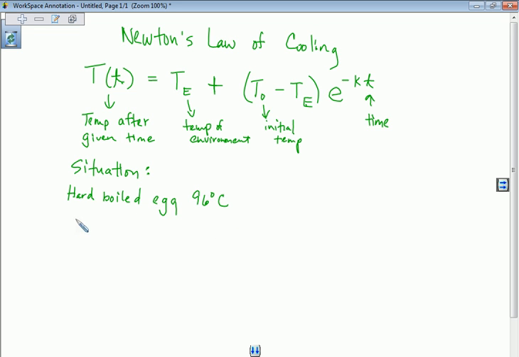Okay, and then we're going to place that into water to cool. And the water is 16 degrees Celsius. Now, we're going to wait 4 minutes.